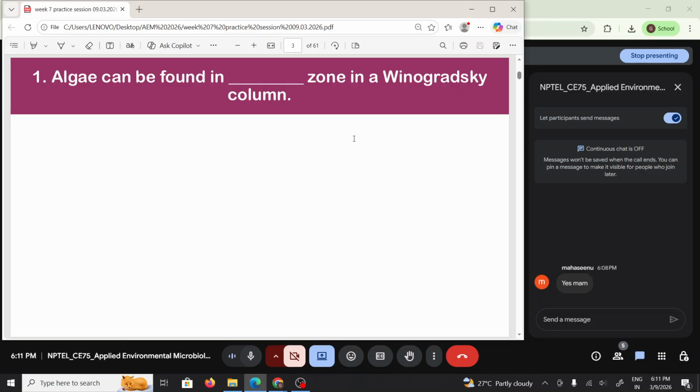Anyone wants to try in which zone in a Vinogradsky column can you find algae? Are you all aware what a Vinogradsky column is?